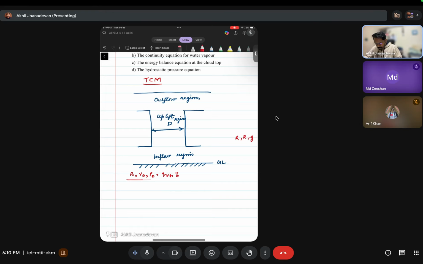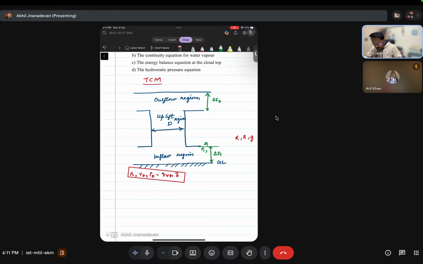Using these values, we can find these quantities at a particular elevation, that is at elevation Z1, and also at another elevation. The widths we are calling delta 2 and delta 1, that is the inflow region width and the outflow region width.